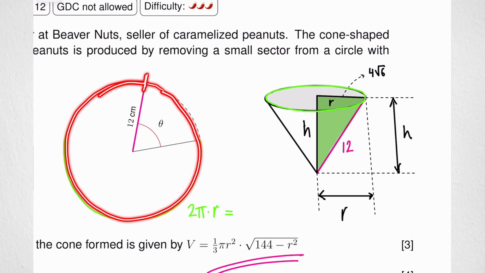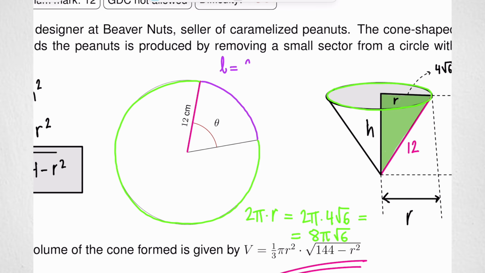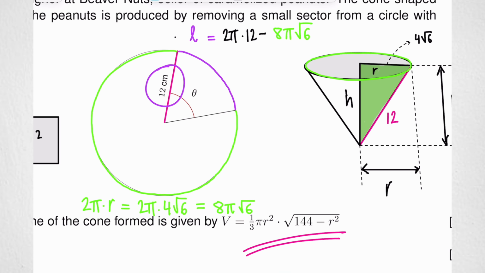Therefore, this arc length right here is 2 pi times this radius, which is the whole thing, minus the green portion. And we know that arc length is theta, which is this angle right here, times the radius, which in this case is 12. So theta times 12 equals, and let me move this here, 2 pi times 12 minus 8 pi root of 6.